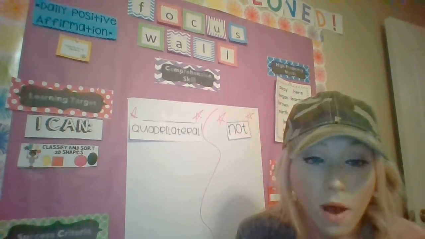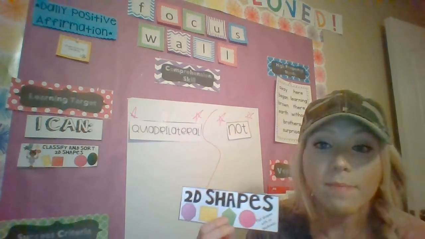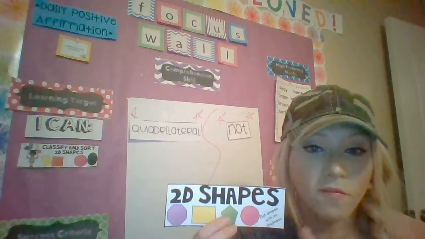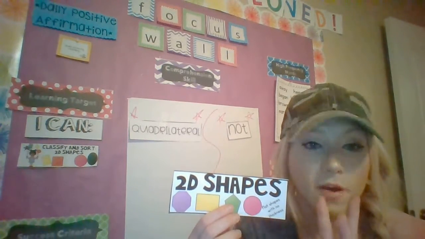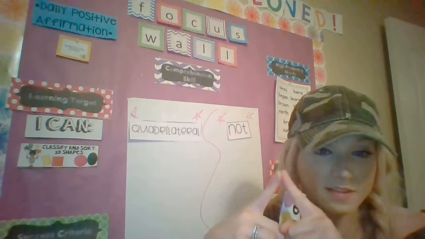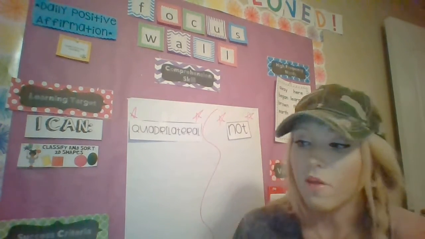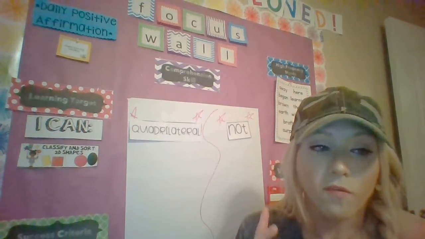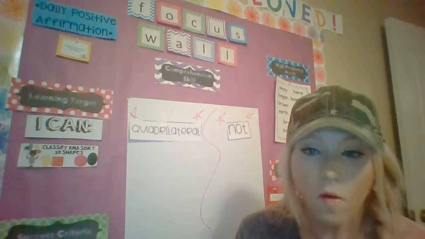A quadrilateral is any 2D shape that has 4 sides, 4 angles, and 4 vertices. Vertices, remember, where the 2 sides make a point corner. So any 2D shape that has 4 sides, 4 vertices, and 4 angles is a quadrilateral.